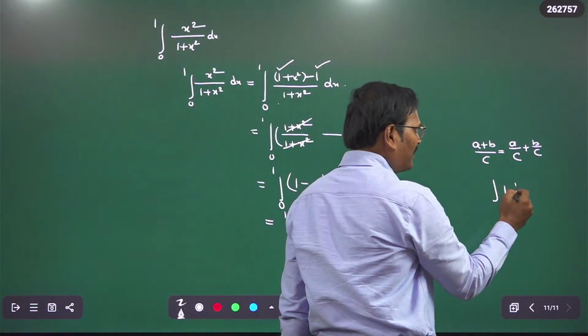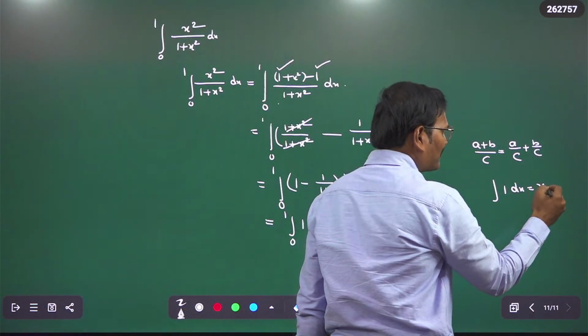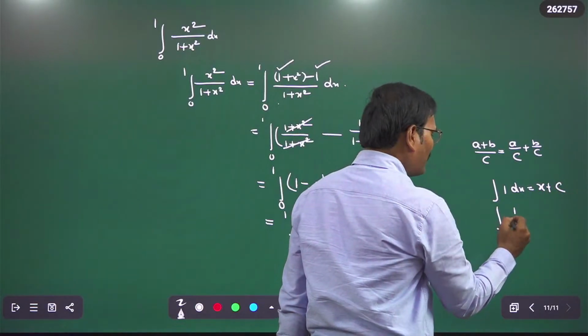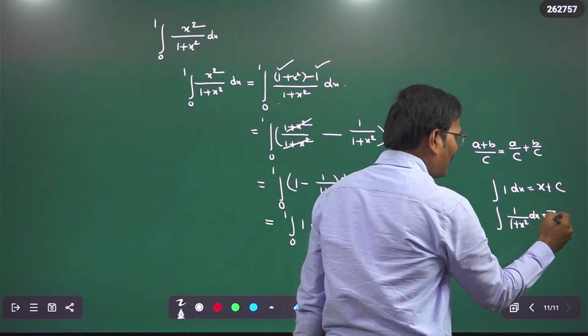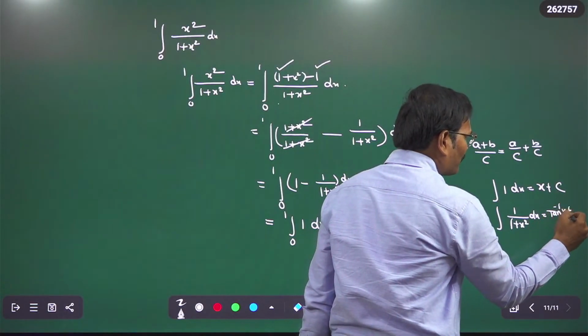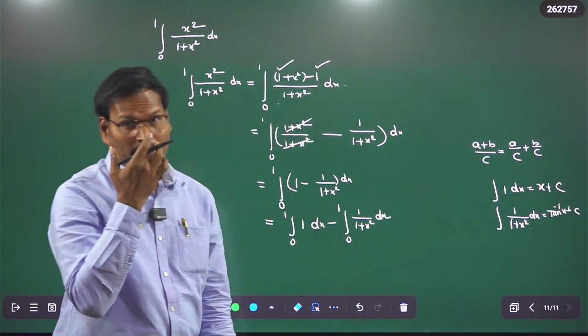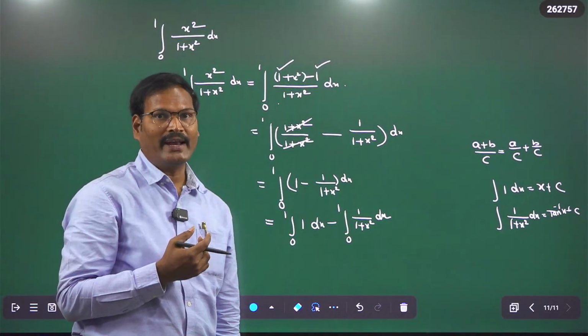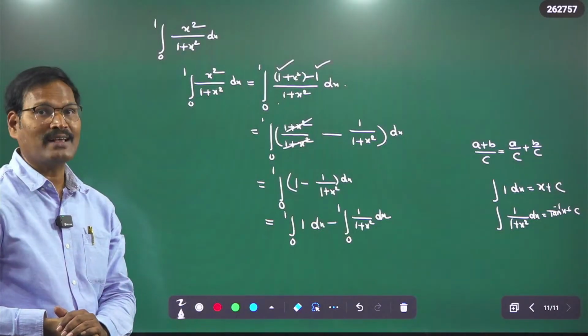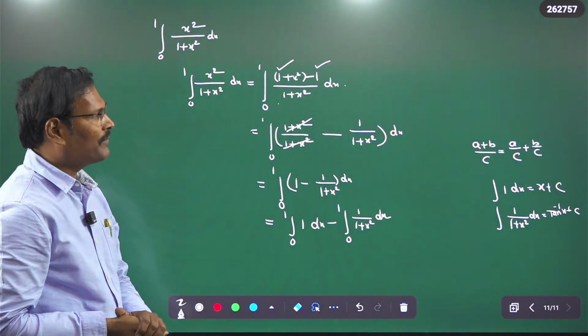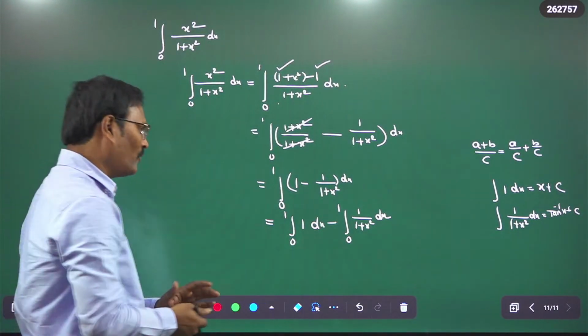Integral 1 dx means x plus c. Integral 1 by 1 plus x square dx means tan inverse x plus c. In indefinite integrations we have standard formulas, no? From those formulas we can write directly integral 1 dx as x and integral 1 by 1 plus x square dx as tan inverse x.